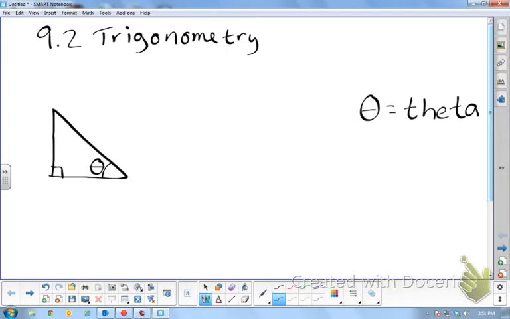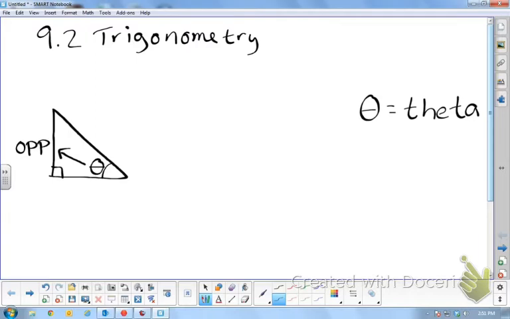And I'm going to name all of the sides in relation to that angle. So let's say I take the side across from theta. This side is normally called opposite because it's on the opposite side of theta.